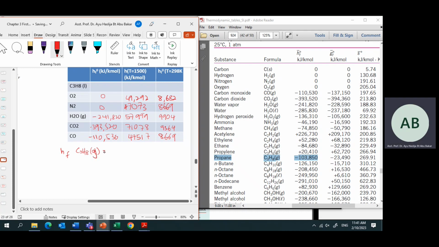Okay, this one just extract out the info first. This is equivalent to LHV because in gas form. We want the HF in liquid form. So in liquid form, it is HHV.